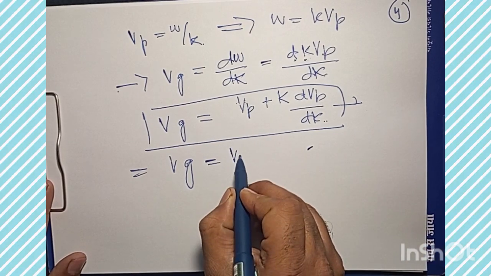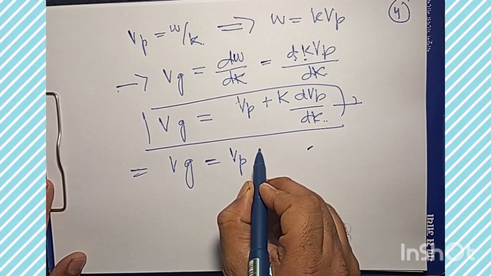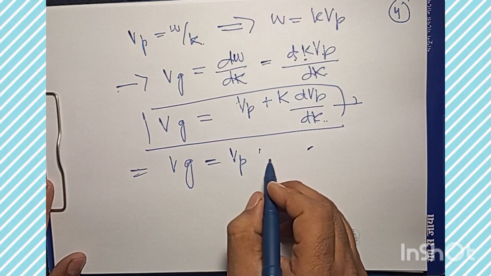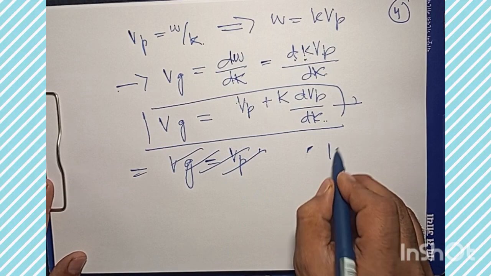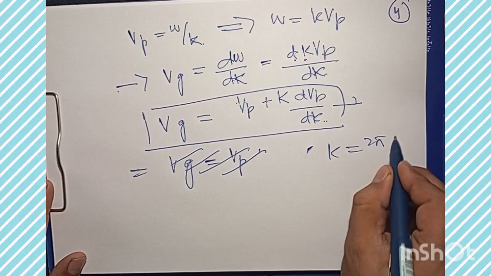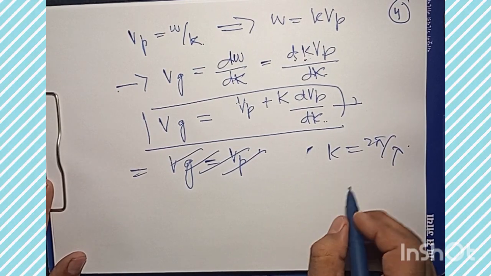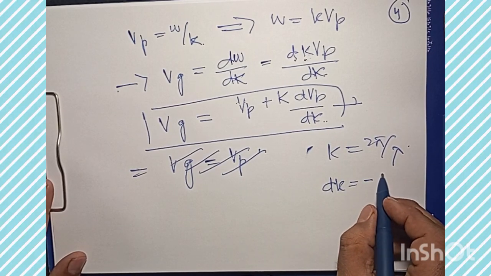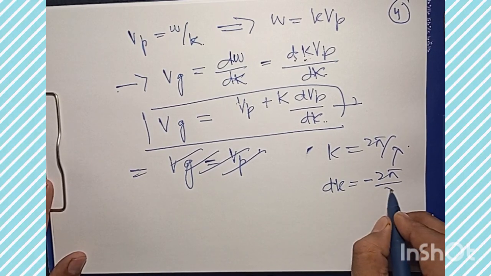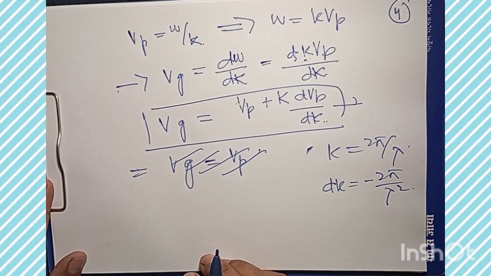So this Vg will be Vp. If I take k, what's k? That's 2 pi by lambda. And if I had to calculate dk, what will that be? That will be minus 2 pi by lambda squared. That should absolutely be the case.